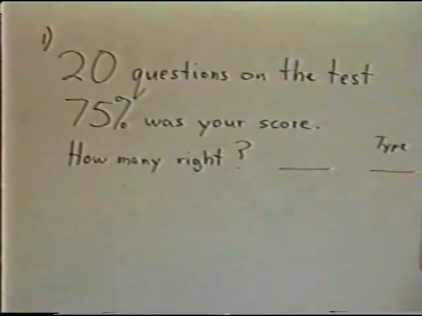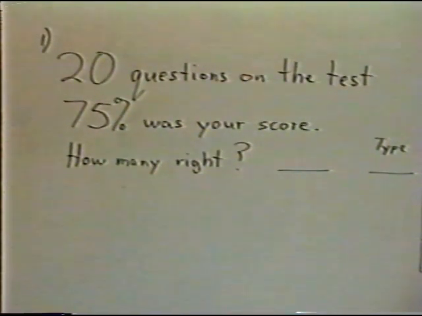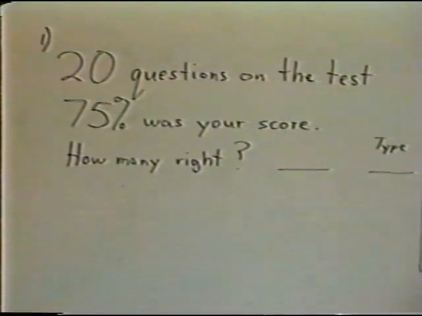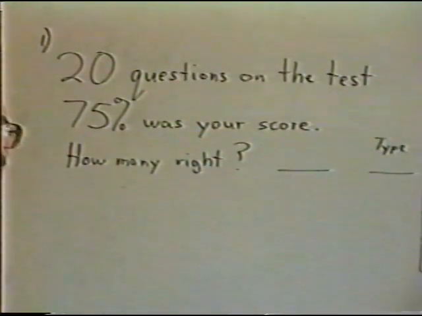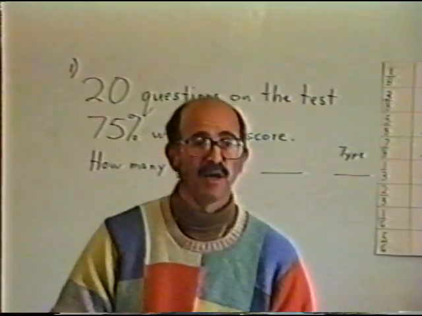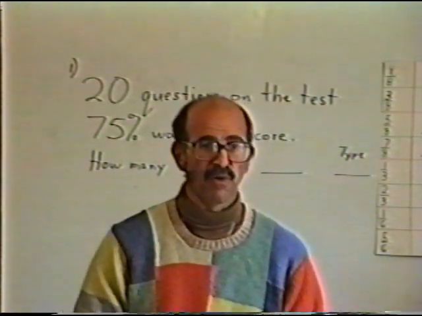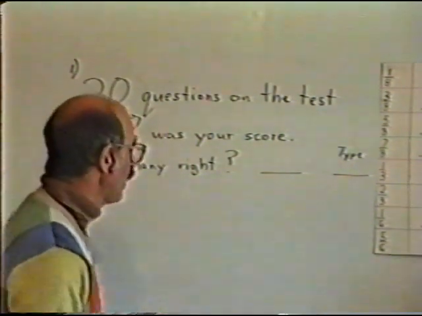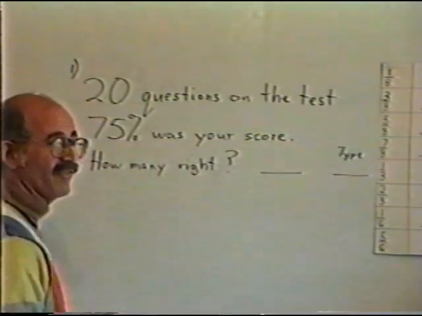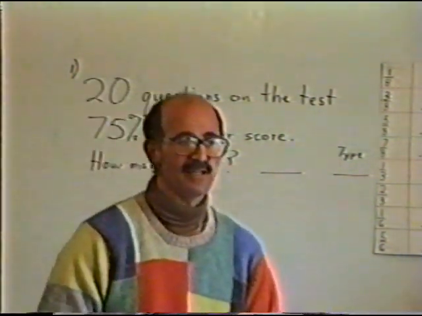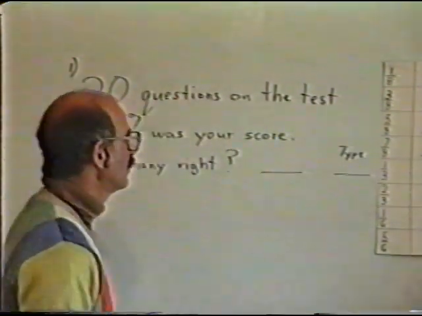Do we know how much percent? Yes. Do we know the whole thing? Yes. So we need to find a part of the whole. We need to know how many of the whole were right. If we're looking for part of the whole, then it is type 1.